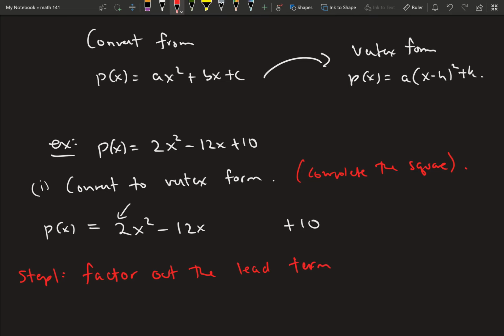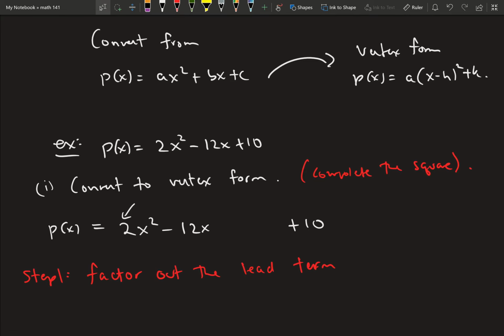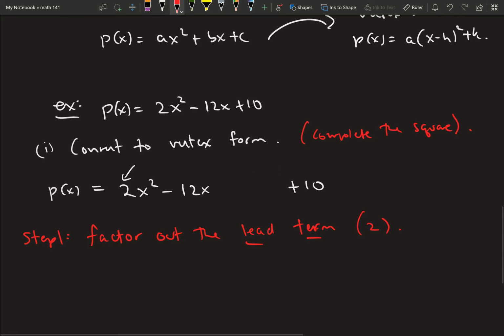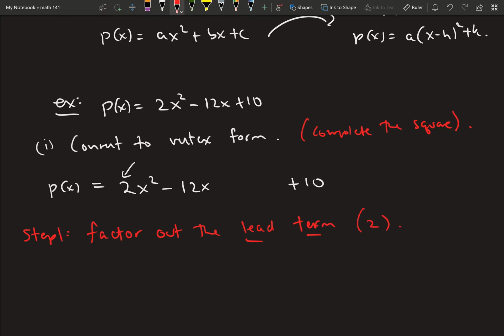So this 2 is the coefficient of the highest degree term, the square term, called the lead term, which is just 2. So let's do that. This becomes 2 times x squared minus 6x, close parentheses a little bit away, plus 10 here.